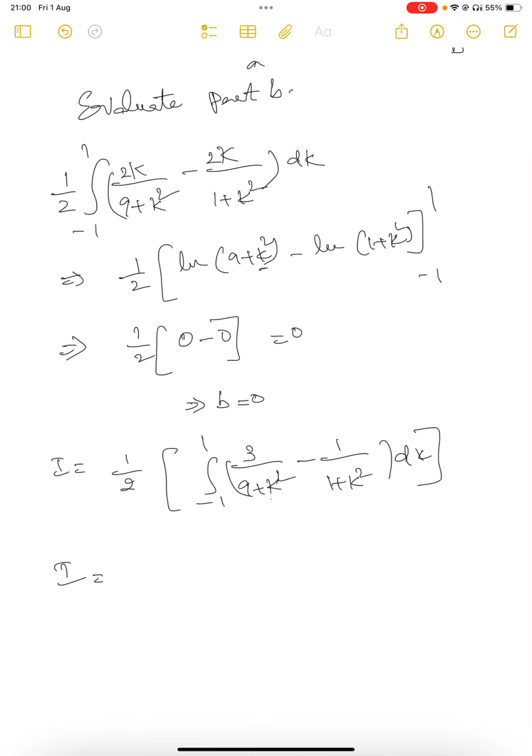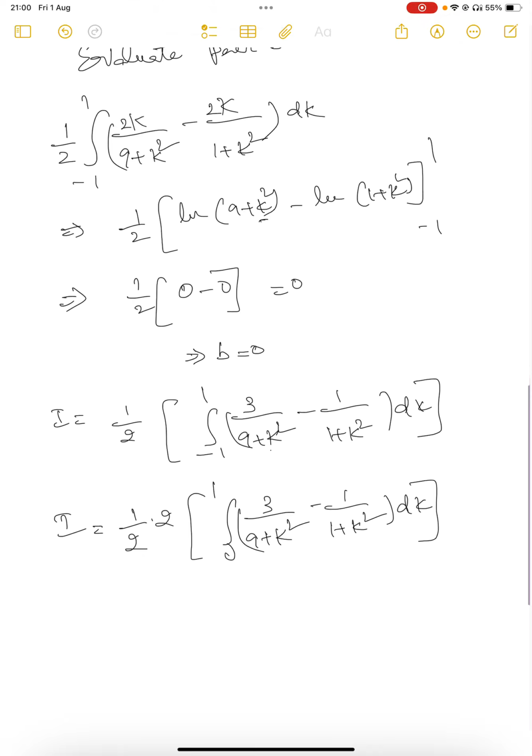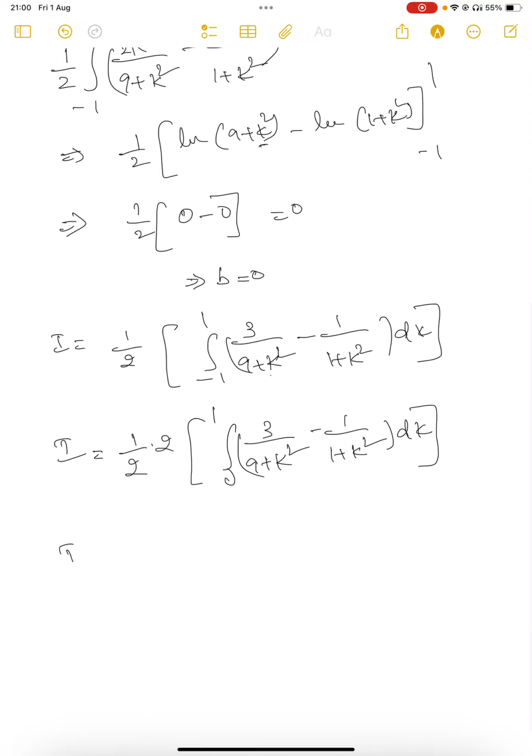So you can write it as 1 by 2 of 2 into the integral from 0 to 1. It will be easier for simplification. 3 by k squared plus 9 minus 1 by 1 plus k squared. Finally, these two will cancel out.